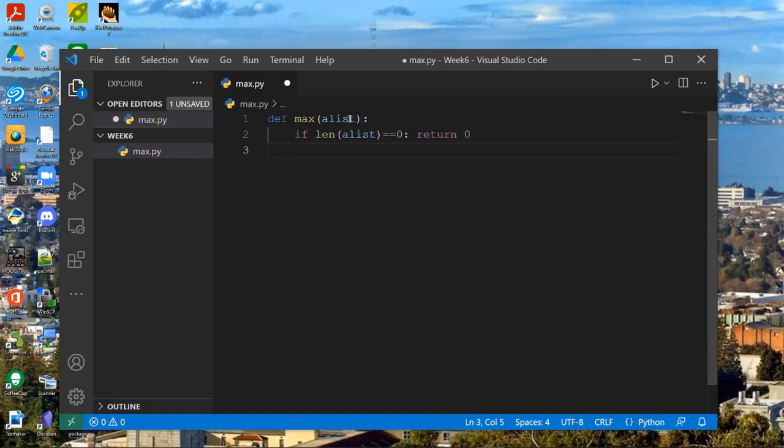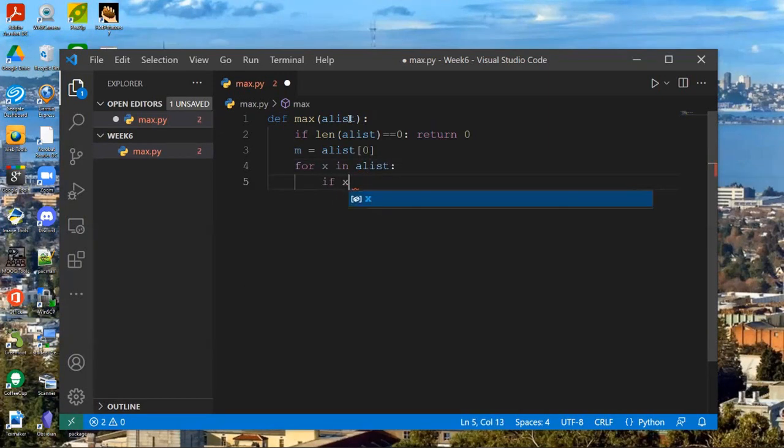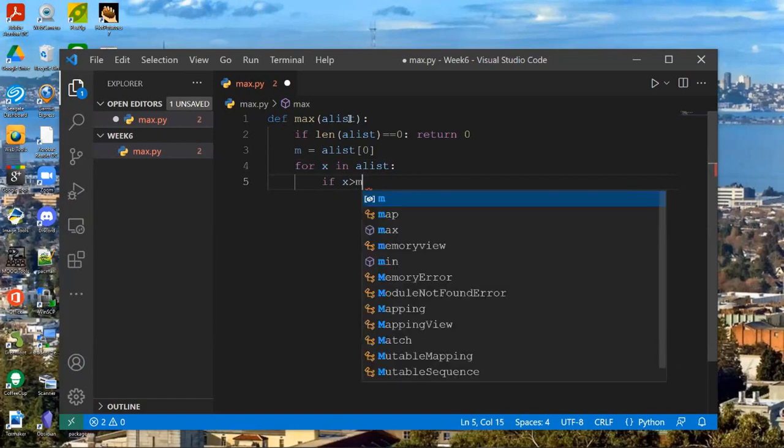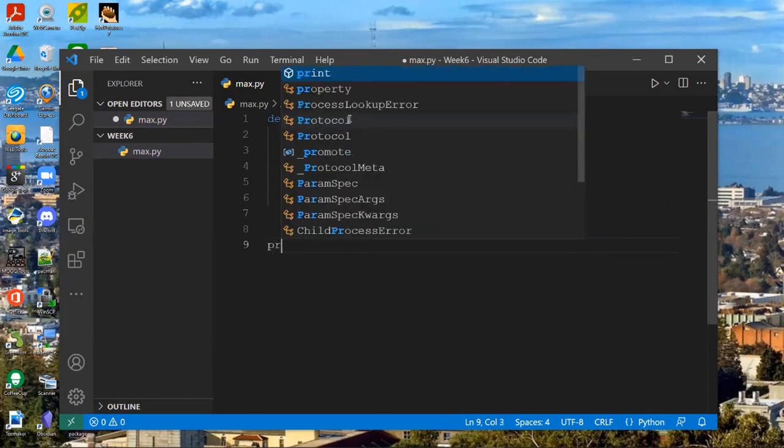Let's assume that we only consider positive numbers. So M will be equal to the first element of the list, and then for X in the list, if X is greater than M, M will be X. Eventually you will return M.